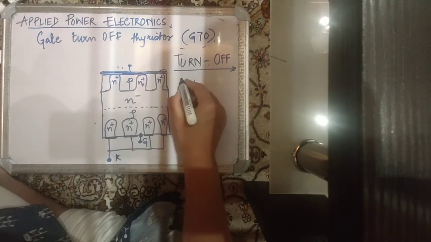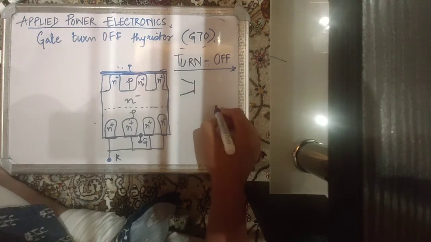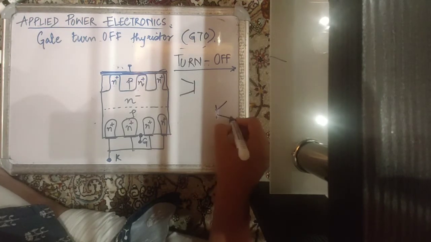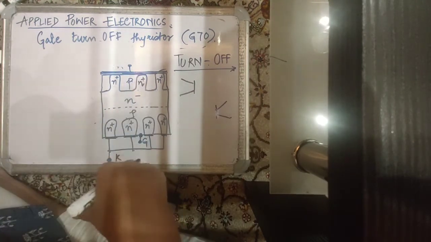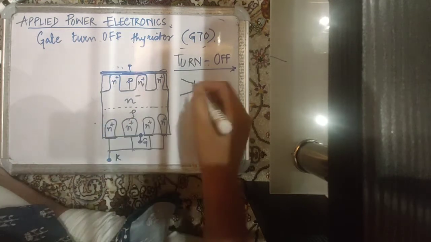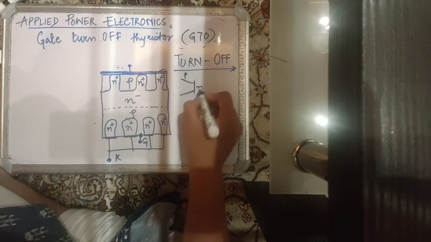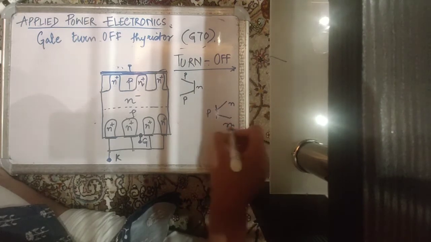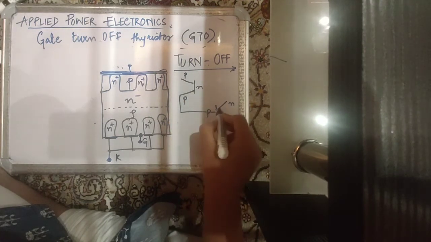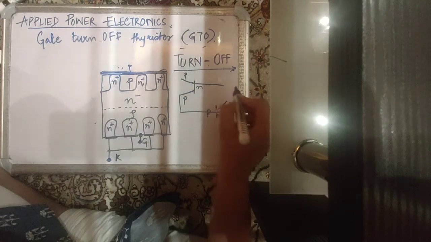To understand it better, you can refer to the two transistor model, which we have already discussed in the previous lecture, where your thyristor or your GTO, because they are essentially again four layers, PNP and NPN. So you have PNP and NPN connected back to back, something like this.